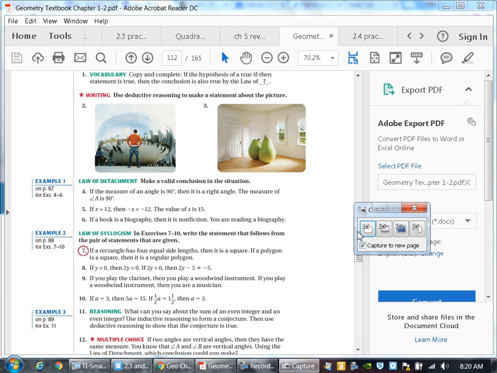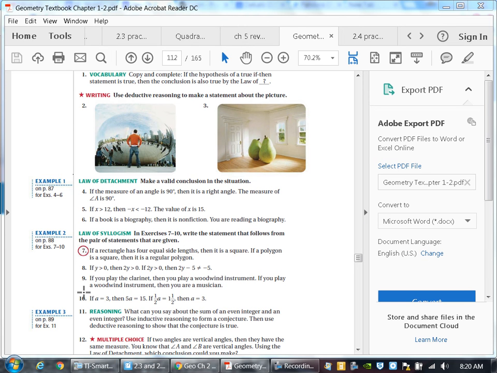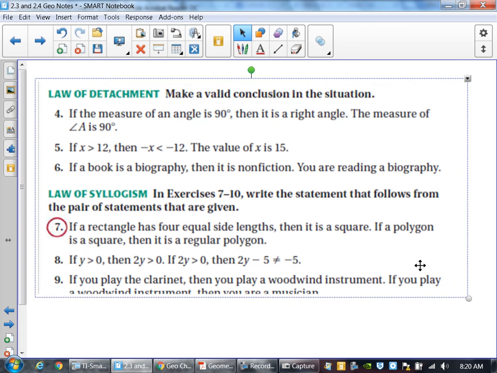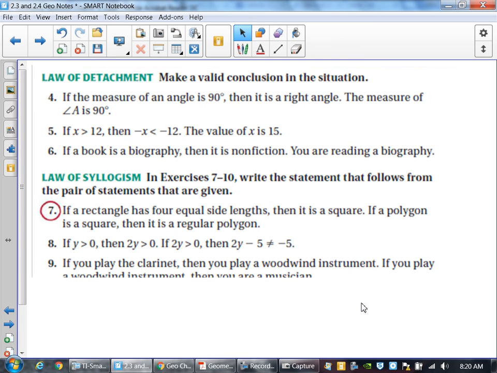So let me show you this, guys. When we're looking at the law of detachment versus the law of syllogism, how do you make a valid conclusion? If I'm looking at number 4, it states here, using the law of detachment, make a valid conclusion from the given statement.